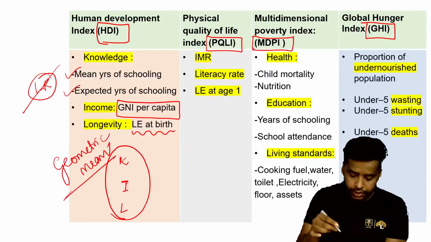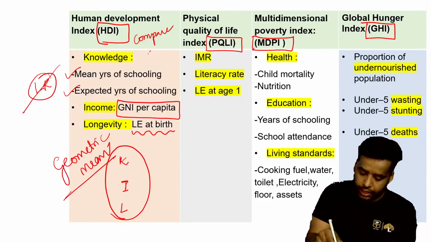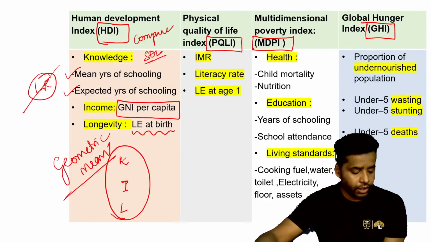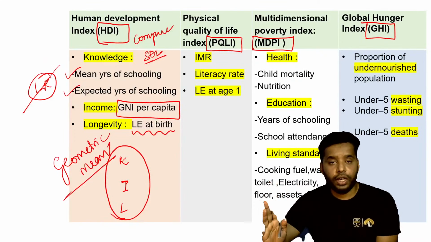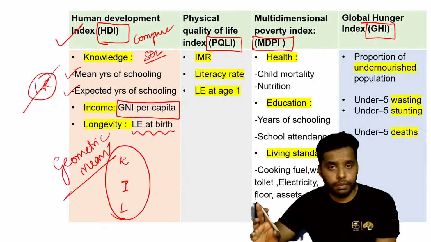If I want to compare the standard of living between country 1 and country 2, what index is used? Your answer should be HDI, Human Development Index.